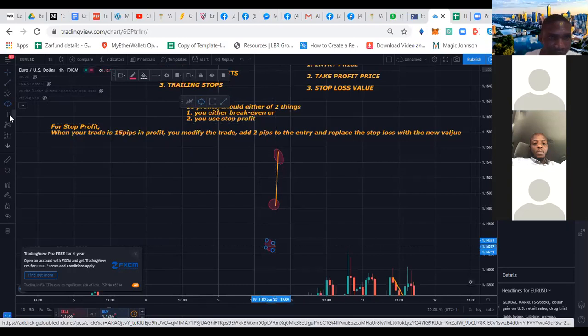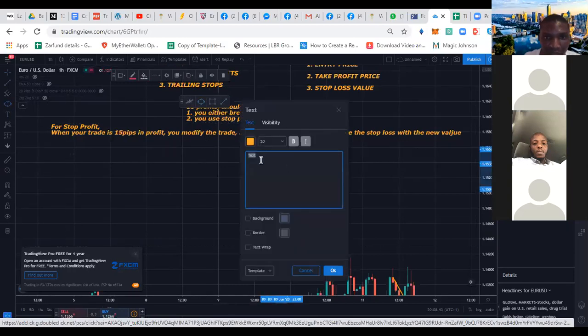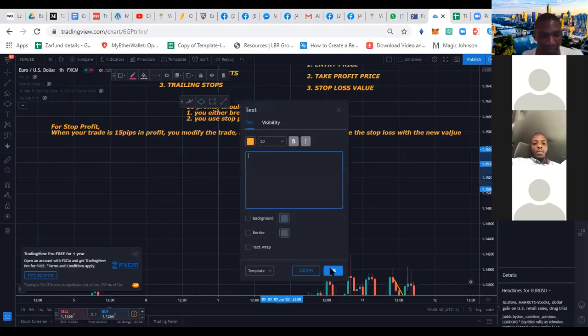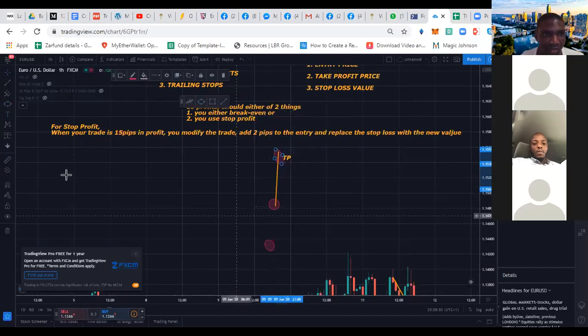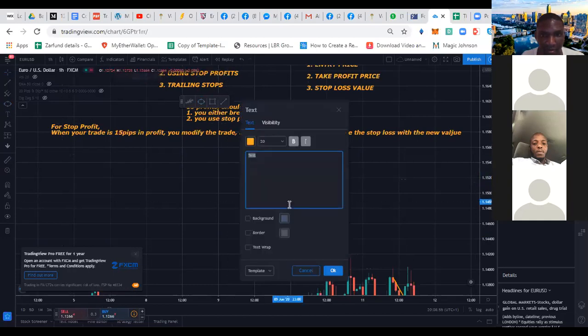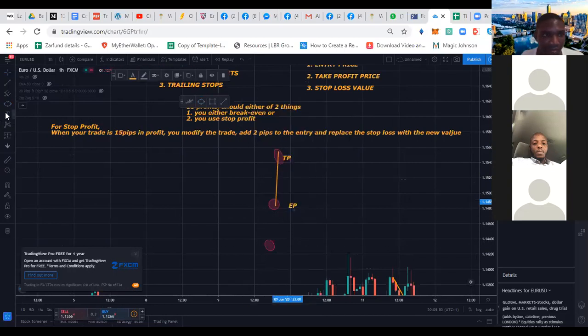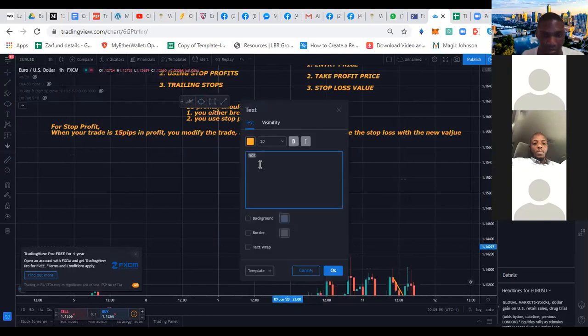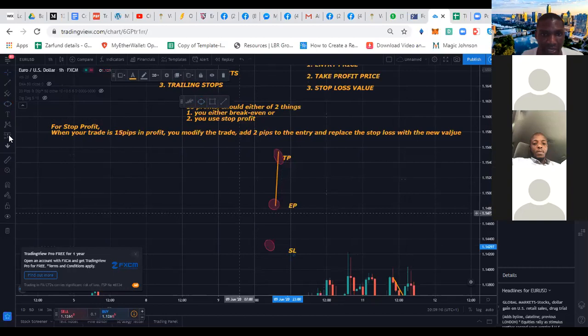So you have take profit, TP, entry price, EP, then stop loss, SL, right? So now this is for a buy trade.